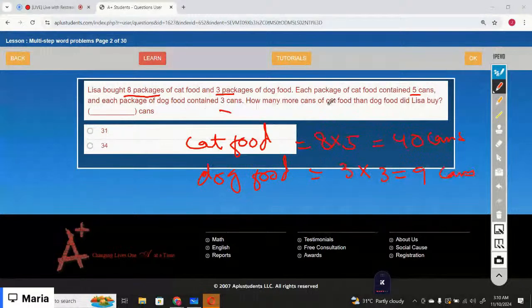How many more cans of cat food than dog food did Lisa buy? You need to subtract the dog food from the cat food, right? So 40 minus 9 is 31. That means she has 31 more cans of cat food than dog food. Got it?